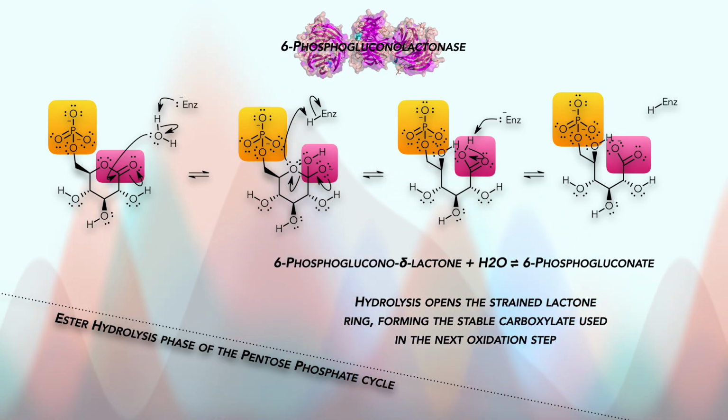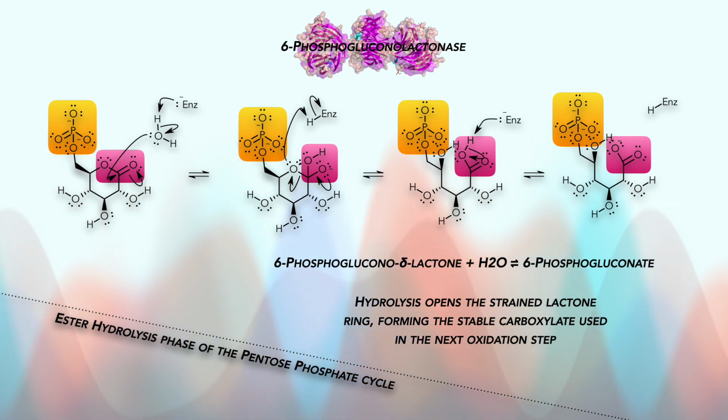No redox chemistry occurs here. The carbon skeleton and oxidation states are conserved. The enzyme simply accelerates ester hydrolysis and converts a reactive cyclic ester into the stable open-chain carboxylate required for the next oxidation step.